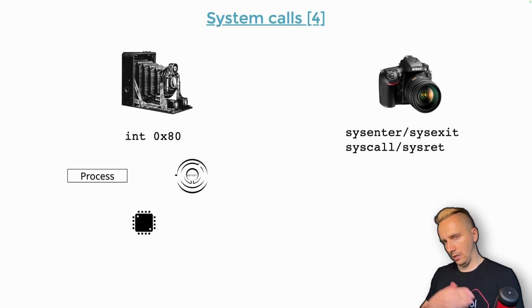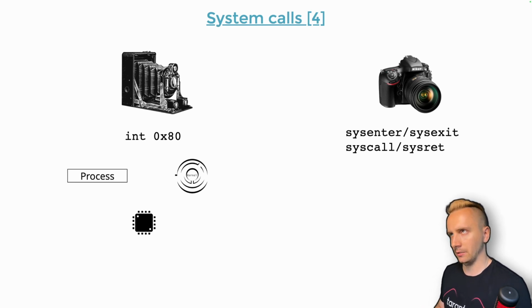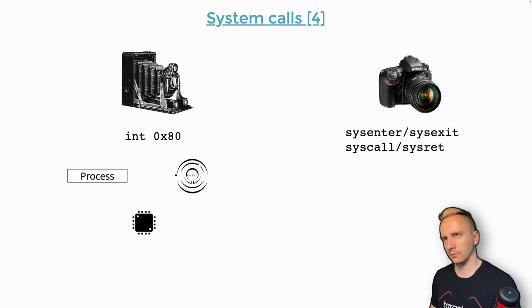And the number, the unique ID of the needed system call, we will place in some register. Some system calls also have arguments. Those we can place also in registers or on the stack of the process, for example. Doesn't matter, there is a way to transfer data, the most complicated part is how to transfer control to the kernel, not the data.